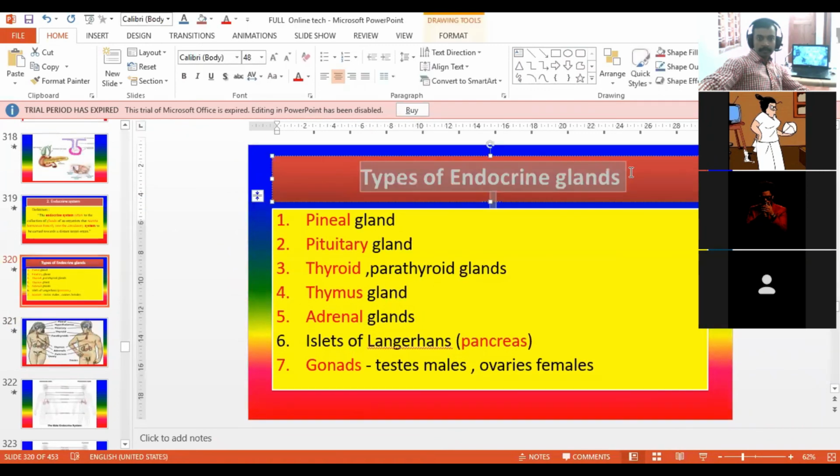Types of endocrine glands: draw a diagram and label it.